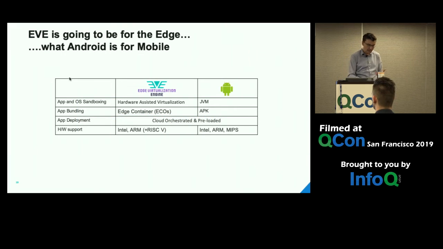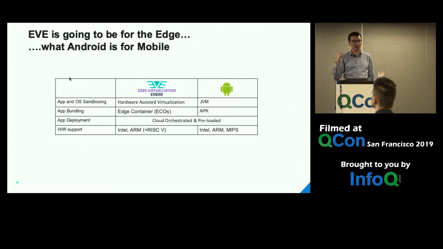So that is to say that we're building the very same architecture that Android had to build for mobile. But the biggest difference being that Android built it in like 2003, right? And they essentially answered the same questions that we're answering, just in a different way, because those were different times. The hardware was different. But the questions are still the same.